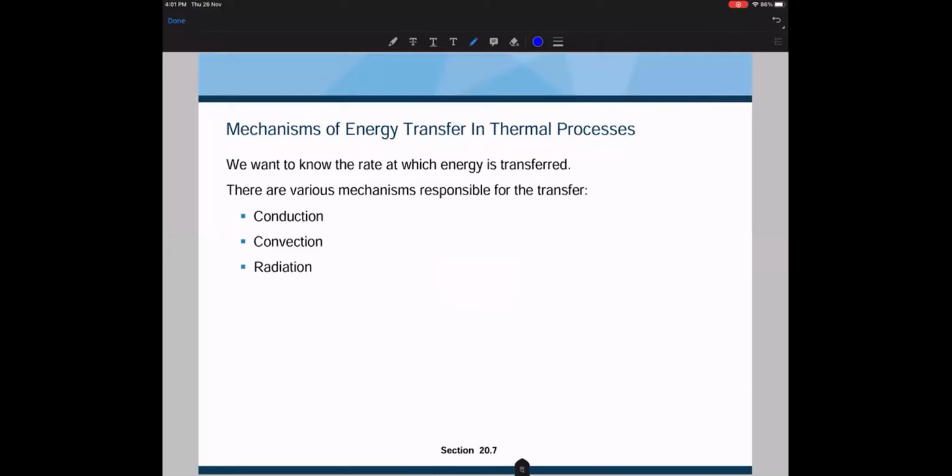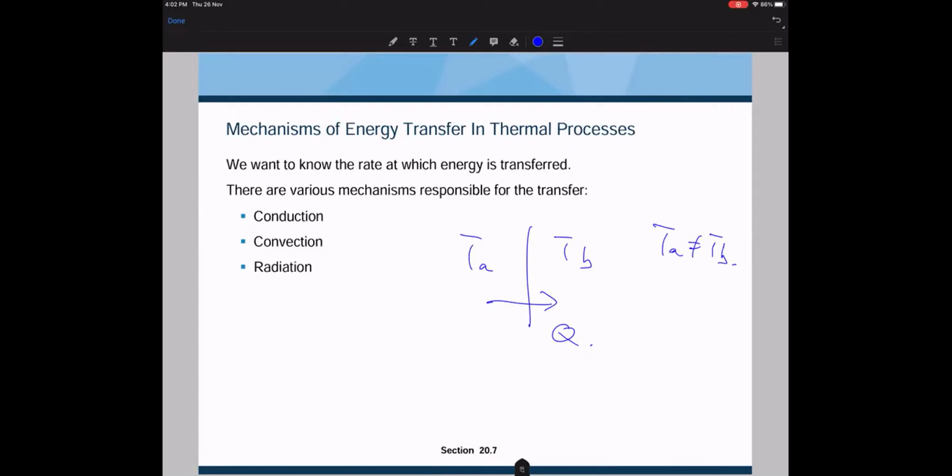So when you have a temperature difference, of course, you expect the heat energy to be transferred. How does the heat energy transfer take place? Once again, heat energy transfer takes place because there is a difference in temperature. But there are various processes that allow this to happen.